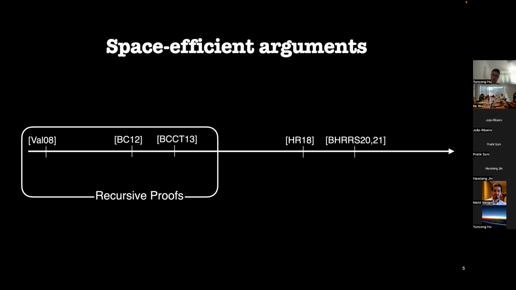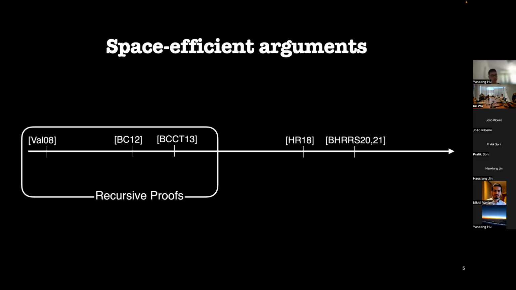But this is asymptotically good because you preserve the time and the space complexity. But in practice, the concrete efficiency will be affected a lot. First, to do the recursive proof, you must encode the verifier algorithm into the constraints, which already incurs a large overhead.